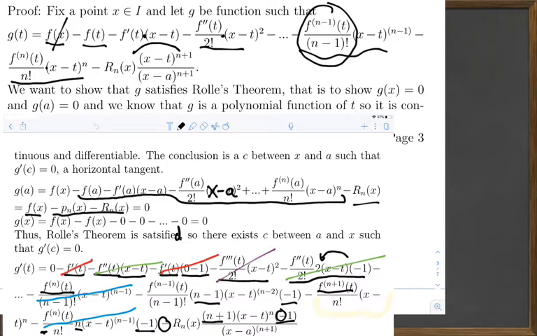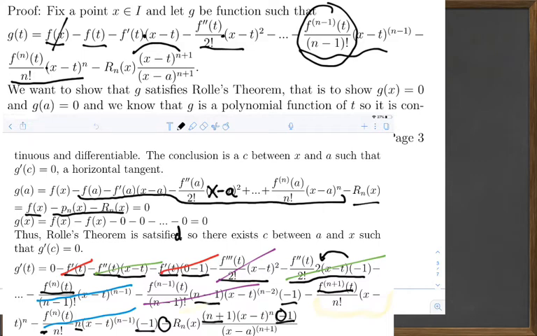This term here will cancel with another term further along, and this one will cancel with a previous term. And so what we have left is the n plus 1 derivative evaluated at t over n factorial times x minus t to the n, and we have positive the nth remainder times n plus 1 times x minus t to the n, all over x minus a to the n plus 1.